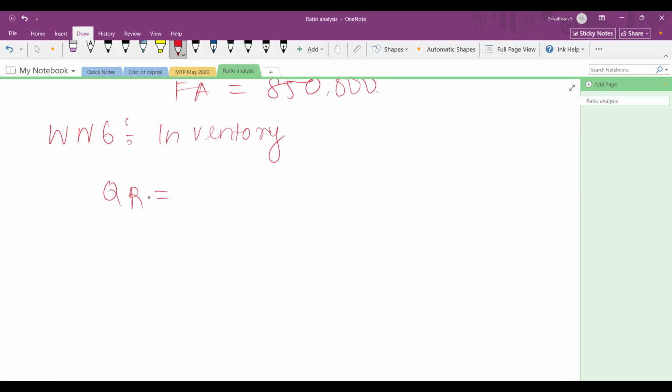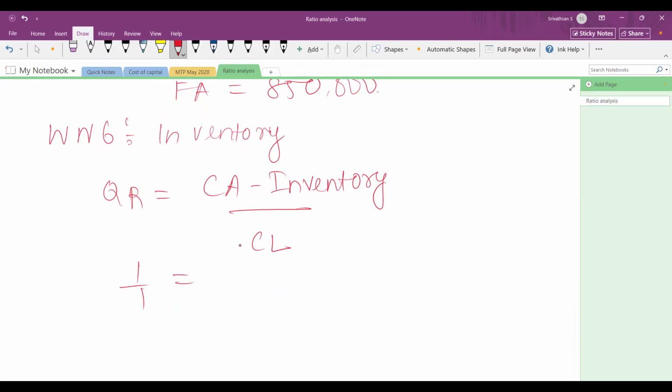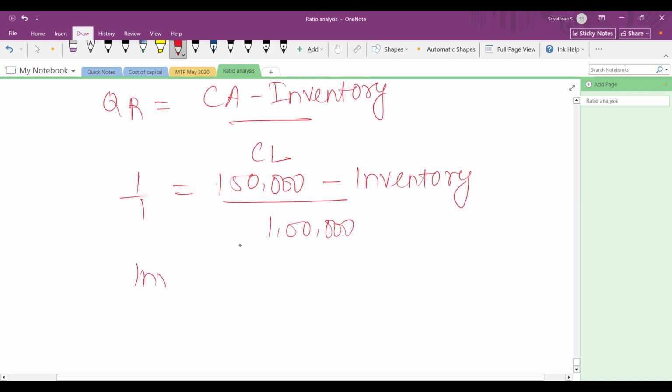Quick ratio is equal to current asset minus inventory by current liability. What is the quick ratio? It is 1:1. Current asset 1 lakh 50,000 minus inventory, which we don't know, by current liability of 1 lakh. So what is the amount of inventory? 50,000 rupees.